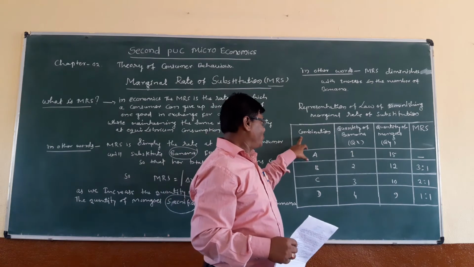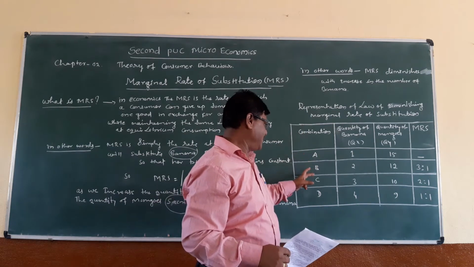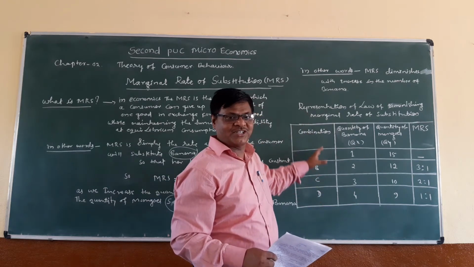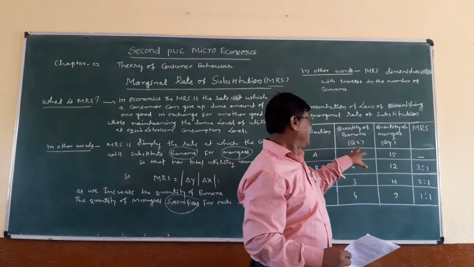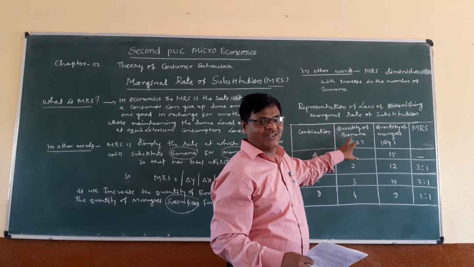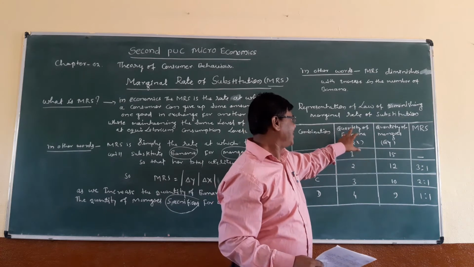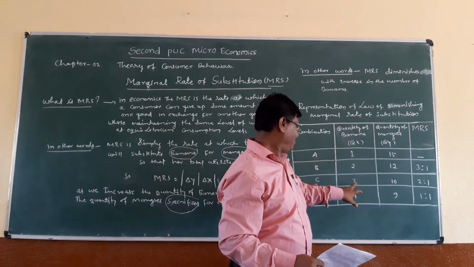This column shows combinations of goods like A, B, C, D. These are the combinations of commodities or goods. The second column shows the quantity of banana, Qx: 1, 2, 3, 4.